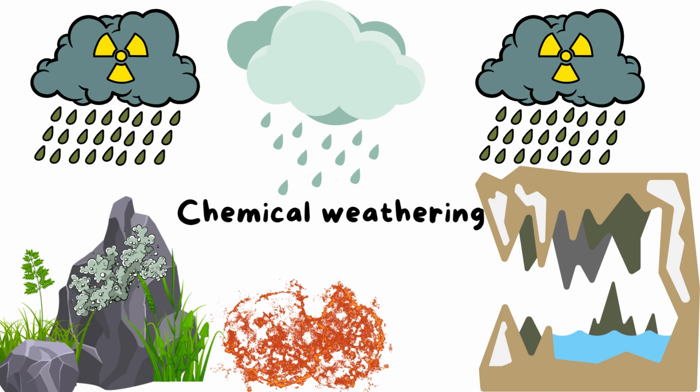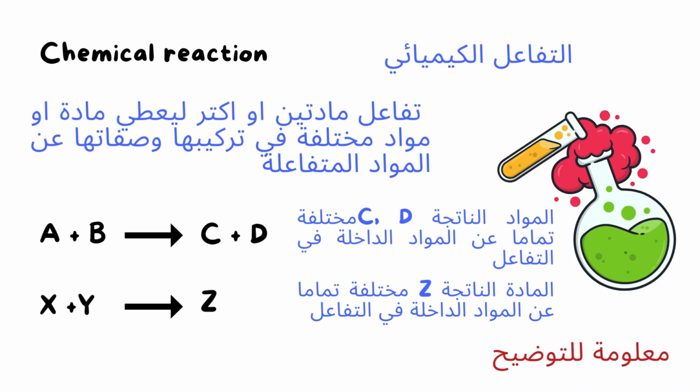But before, we need to know the meaning of chemical reaction, okay? In a chemical reaction, if we have two materials and they react with each other, the result will be another substance or substances, one material or more than one, that are different from the original ones, the materials that reacted with each other.